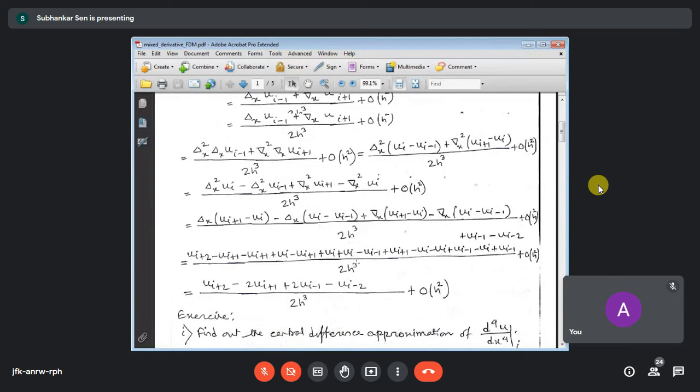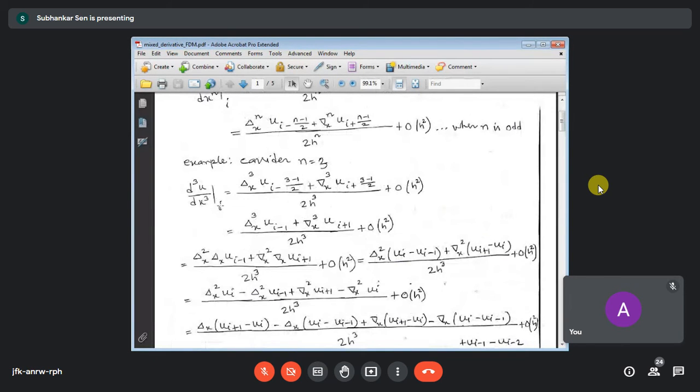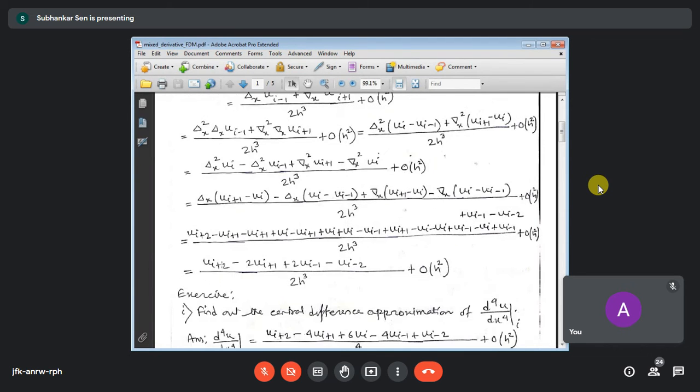So this d2u dx2, you are taking at point I. So these things you should remember, that this d3u dx3 you are taking at point I or node I, but this node I is absent in the final expression. Okay. So for odd derivatives, node I will be absent. For even derivatives, the node will be present. So here the node is absent, and with respect to node I, you are moving by the same distance in the forward direction and in the backward direction.